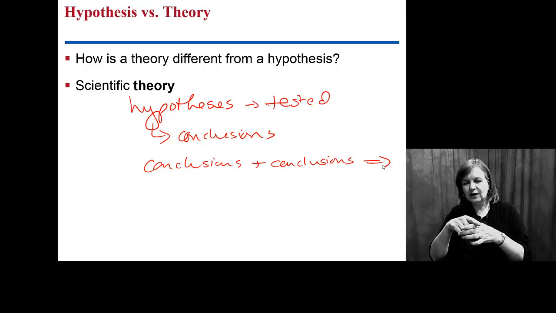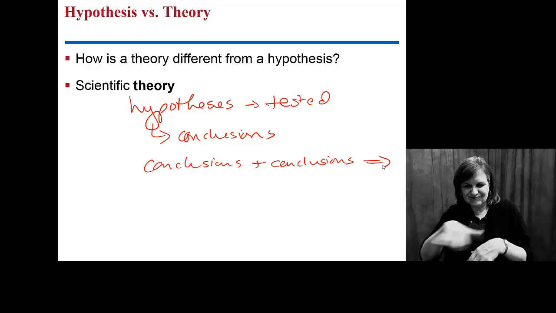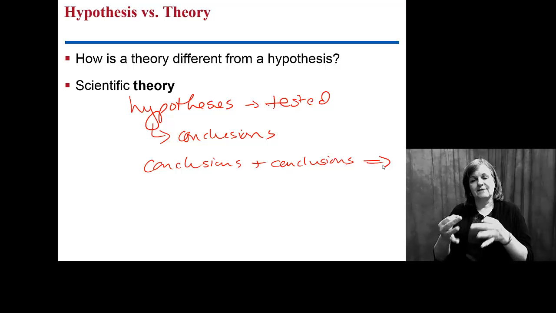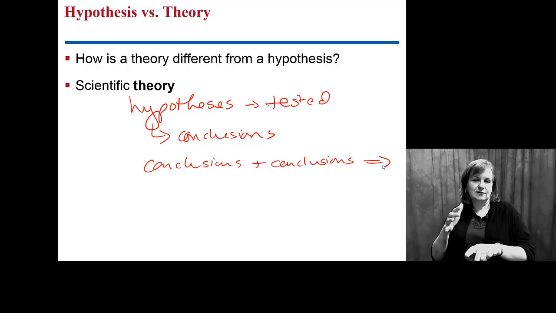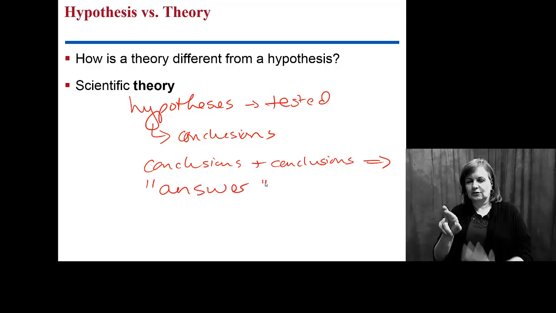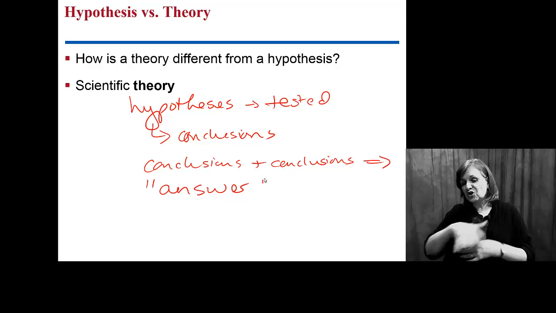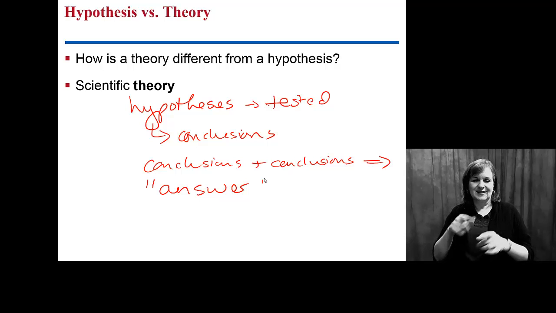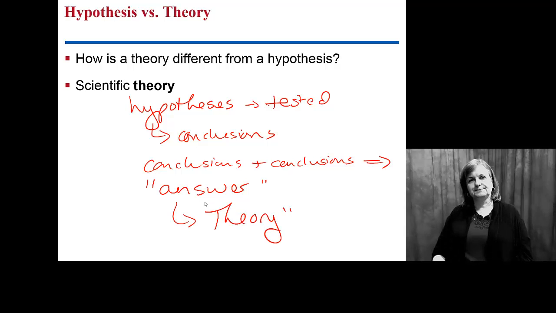And if they're all reaching the same basic answer, be careful, I don't want to be too strict in our definitions here, okay? If they're all coming to the same end point, we can look at that now as something known as a theory.